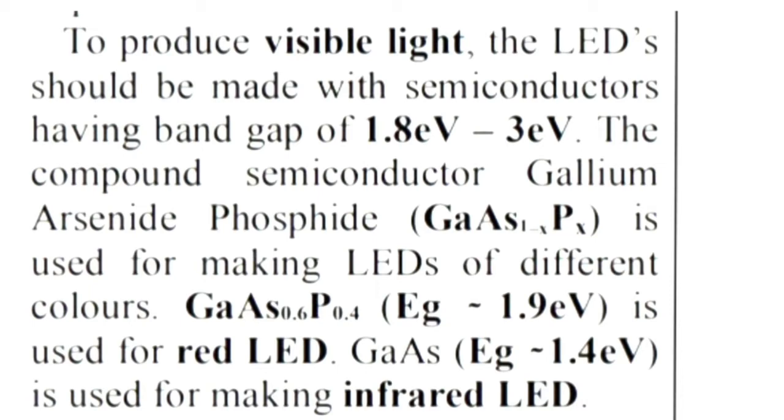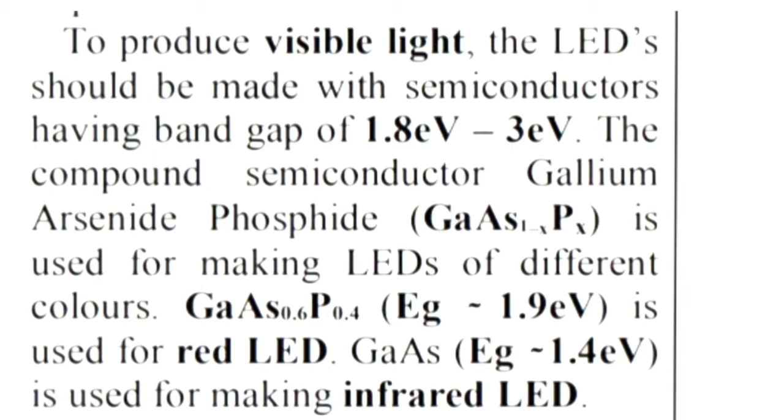The compound semiconductor gallium arsenide phosphide. Pay attention to the chemical formula: GaAs(1-x)P(x), where x stands for the composition. This compound is used to make colored LEDs. By changing the value of x, we get different colored LEDs.